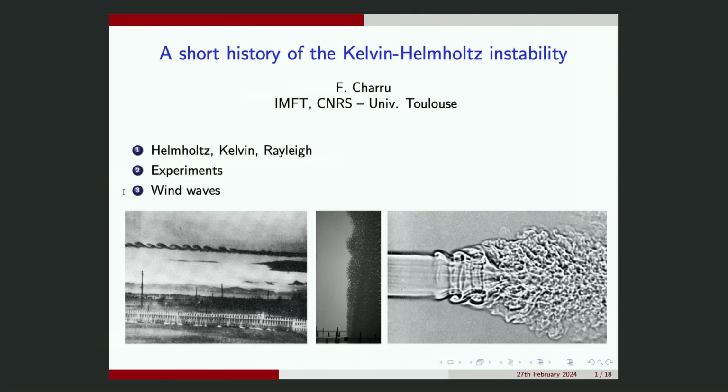There are very famous pictures of this instability, in particular one taken in Colorado in the United States, which shows typical Kelvin-Helmholtz waves in the atmosphere at the interface between a lower layer, which is cold and heavy, and an upper layer, which is lighter, and the contrast of humidity creates this.